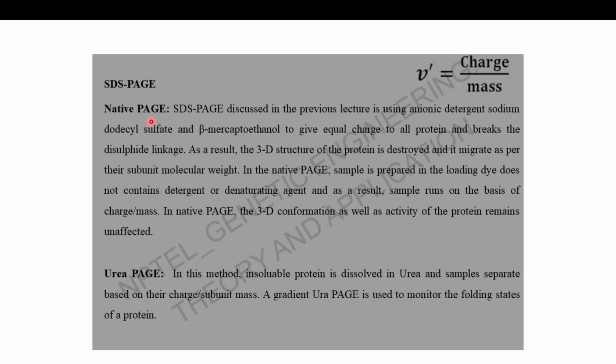In native page, you won't be adding any kind of denaturing agent because you want to retain the native structure of the sample of your interest. So in native page, you won't be adding any detergent like SDS. You won't be adding any reducing agent, because we need to retain the native structure of the protein or proper folding of the protein.